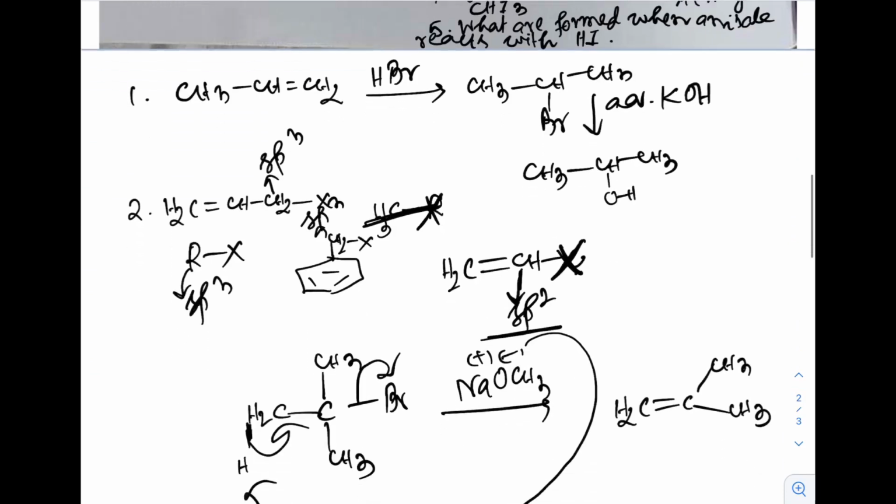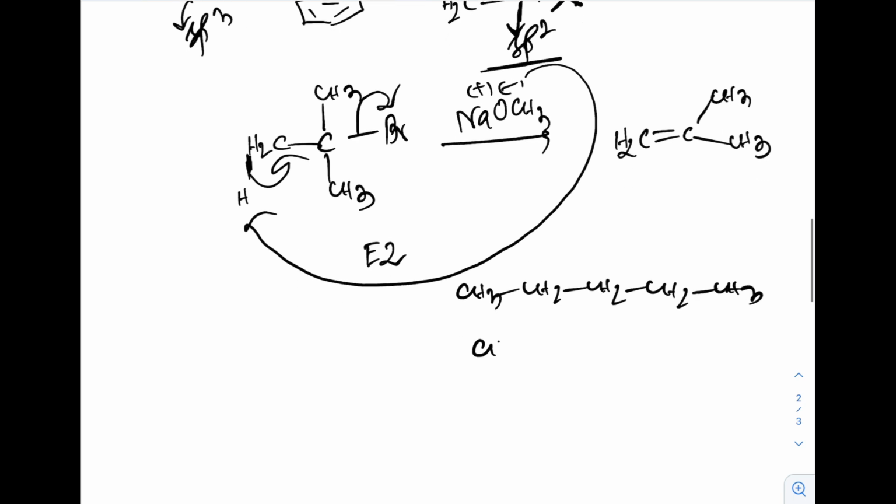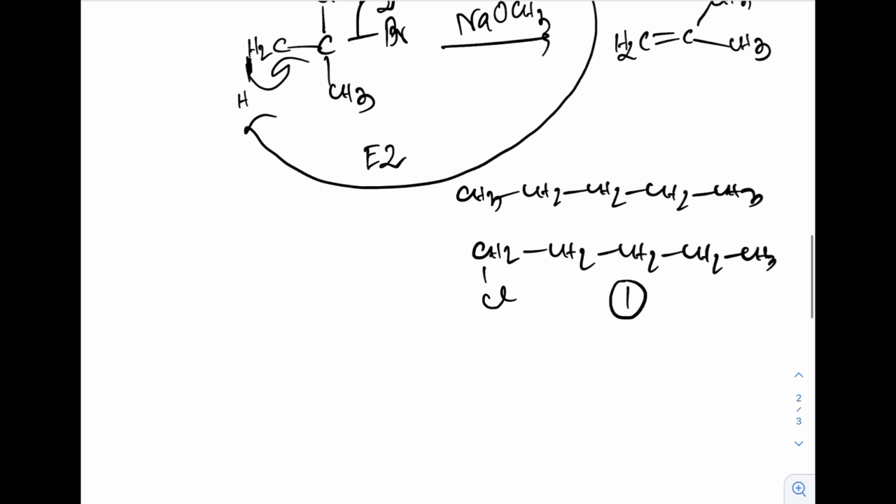When we are considering n-pentane, one monochloride is this one, 1-chloropentane. Another one is this one, 2-chloropentane.